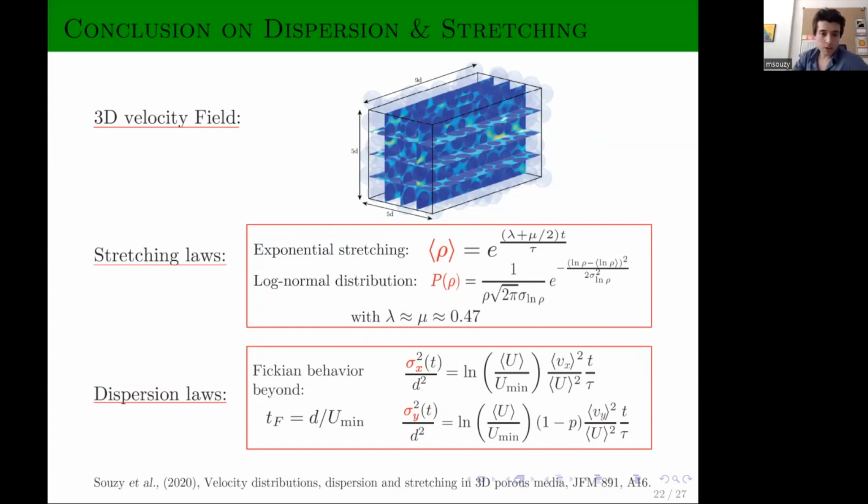From the stretching perspective, we see that there is a log normal distribution of stretching, with average elongations which grow exponentially in time. And on the dispersion process, we see that there is an anomalous transient behavior, which will eventually tend to a Fickian dispersion regime after a time TF, which is in turn set by the minimum cutoff velocity that you always have in your system.